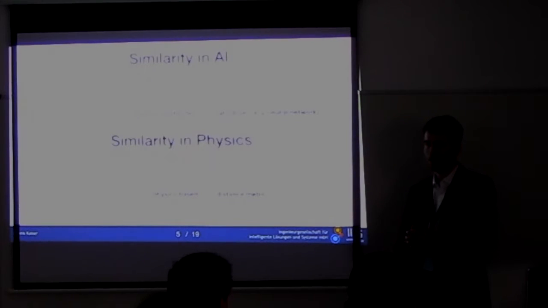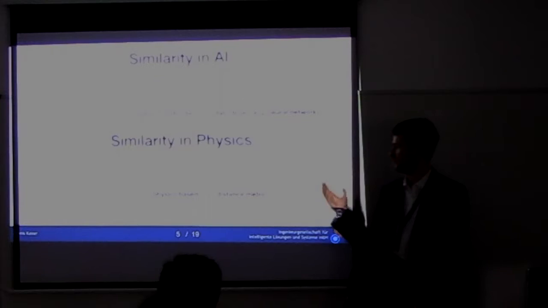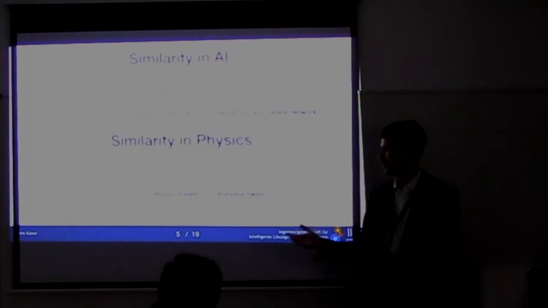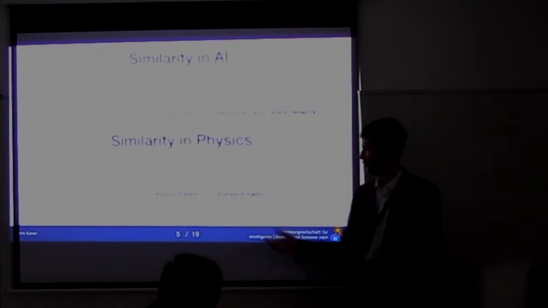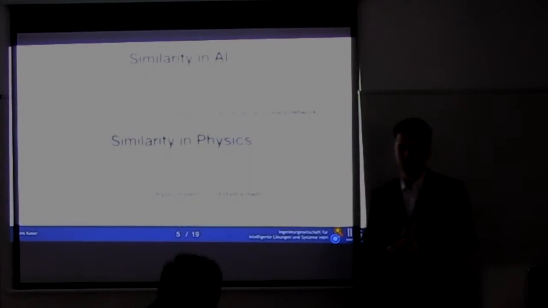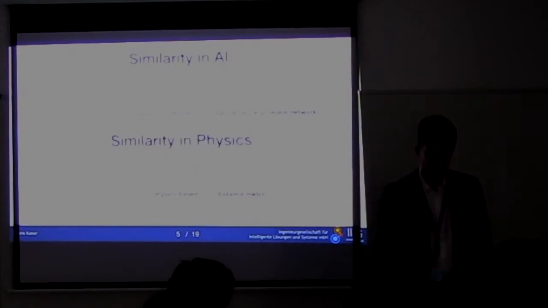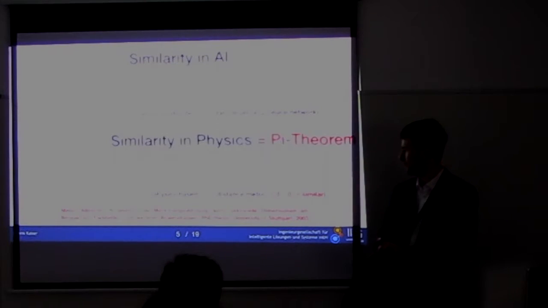And what we want to focus on more is the similarity definition in physics. So we use physics-based features and distance metric as classification. And maybe some of you also know this as the pi theorem.